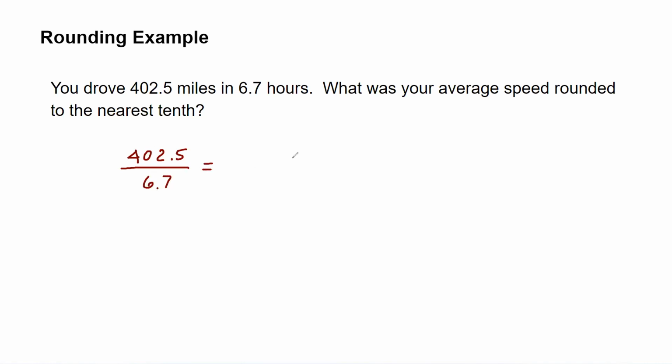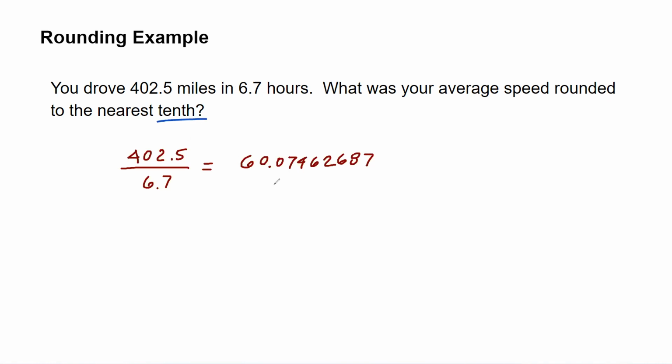And when we do that, we get 60.07462687. That's way too many decimals. We want to round that to the nearest tenth.